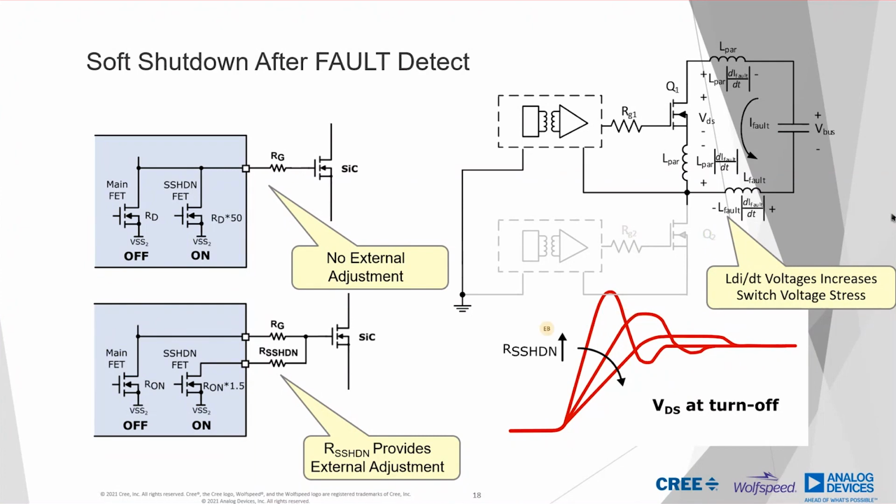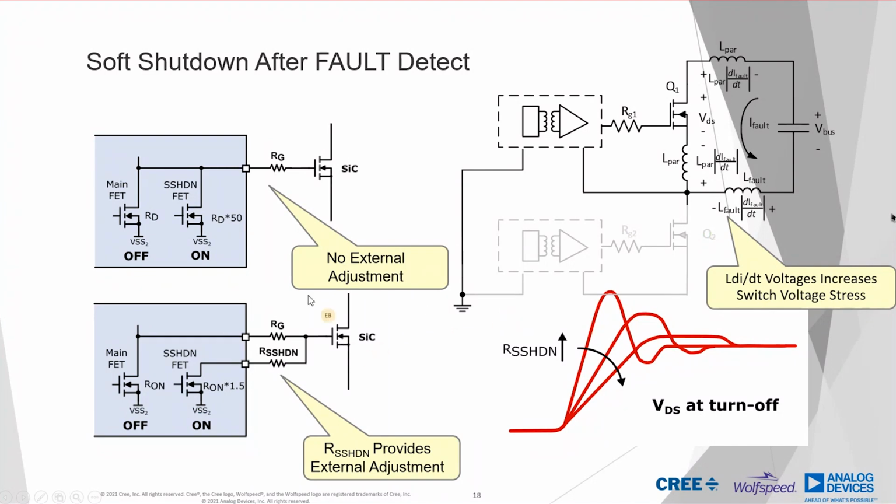So if you don't have the turn-off circuitry for the fault just right, you may detect the overcurrent condition, start to turn it off, and then still damage the switch, not because of overcurrent, but because you've turned off too fast and you've overvoltaged the switch.